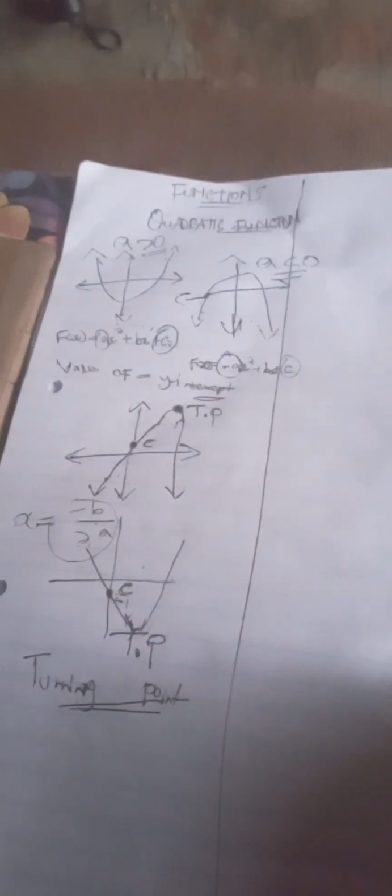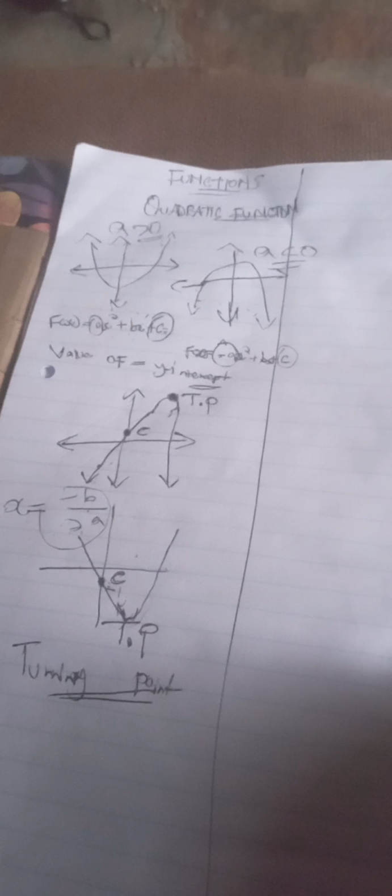So let's check something else, guys. There is something else we need to find here, right? We need to find the x-intercepts, or rather the x-coordinates of our graph.